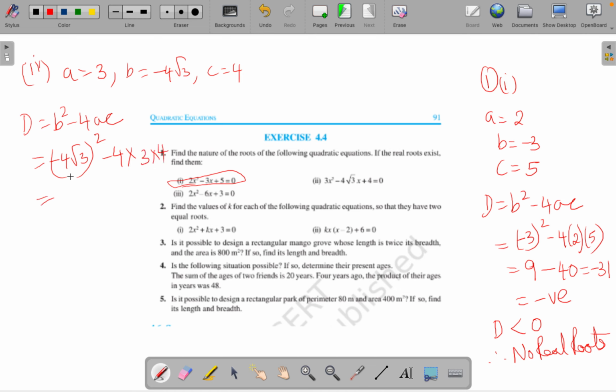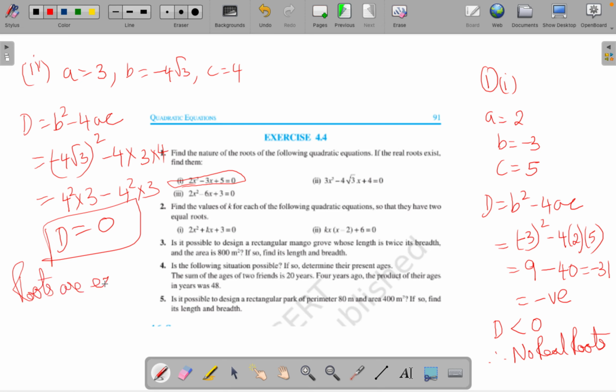So this will give you what, children? Again check. It will give you 4 square into root 3 square is 3, minus again 4 square into 3. So it is 0. When D is 0, that means roots are equal. Real and equal, basically.